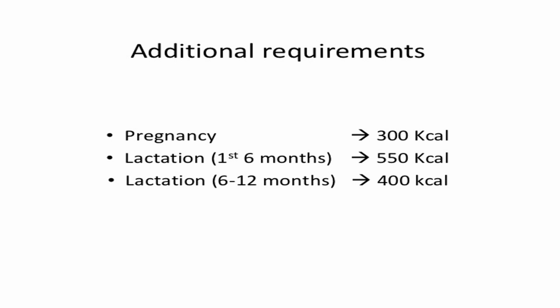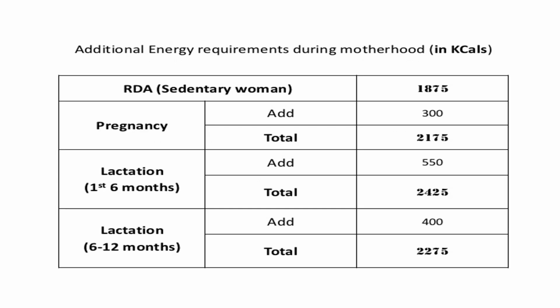During pregnancy, we are supposed to give an additional 300 kilocalories per day for the pregnant woman, and for a lactating mother in the first 6 months, 550 kilocalories. After 6 months, that is 6 to 12 months, we are supposed to give an additional 400 kilocalories for the mother. Already I have told you that we are supposed to give an additional 300 kilocalories during pregnancy and 550 kilocalories during the first 6 months of lactation.